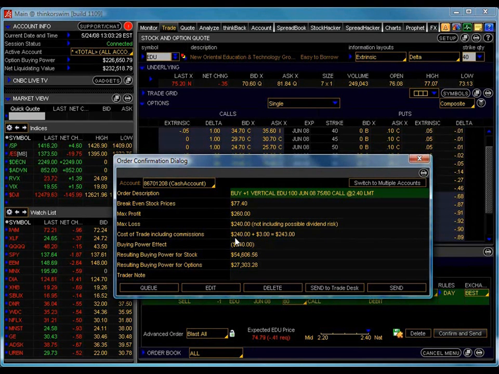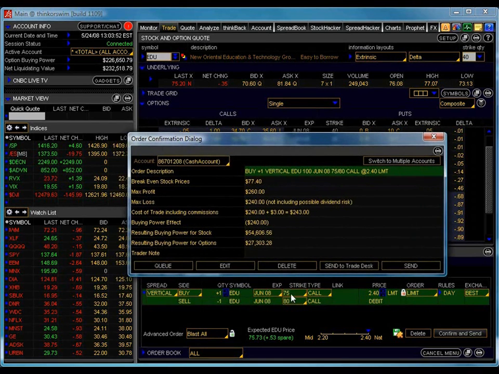It will cost us $240 if we were paying the retail price, which is the natural price for this, plus a $3 commission, and it will cost us $243 to enter this order. As I mentioned, if we're paying $2.40 or $240 for the spread, the strike price difference between these two options is $5.